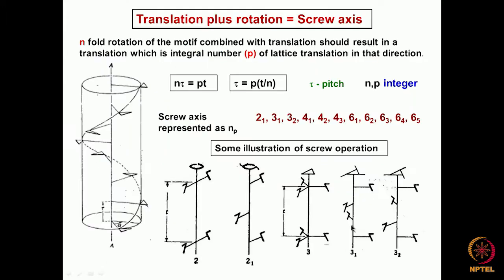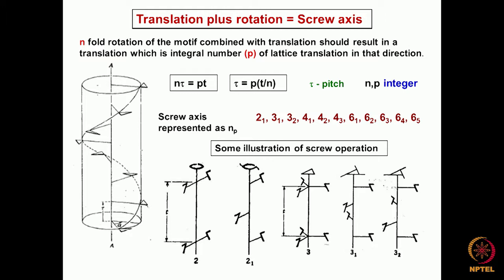Now we will look into some of these symmetry elements. I had explained in the last class about the screw axis. The screw axis is like the glide which we represented in the first lecture.